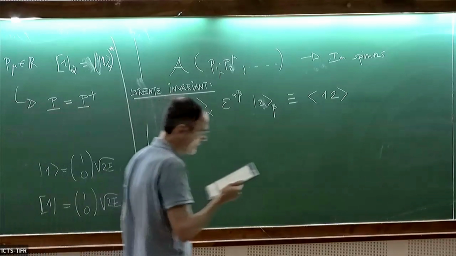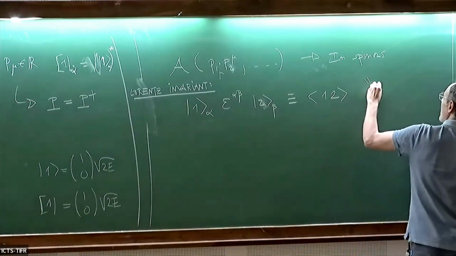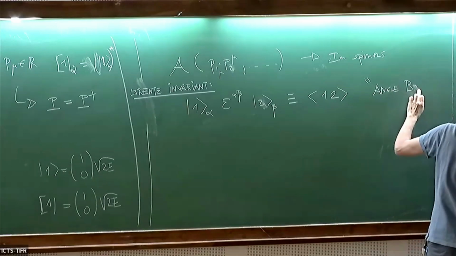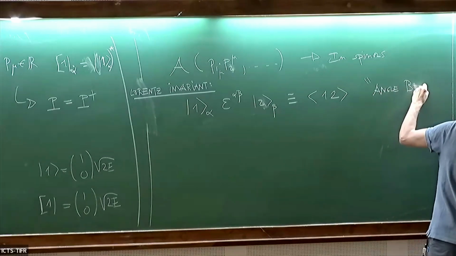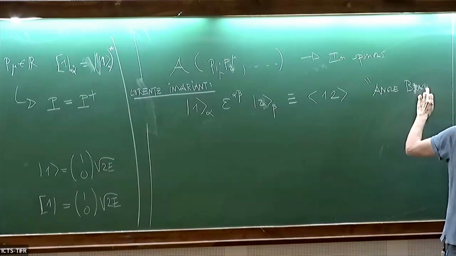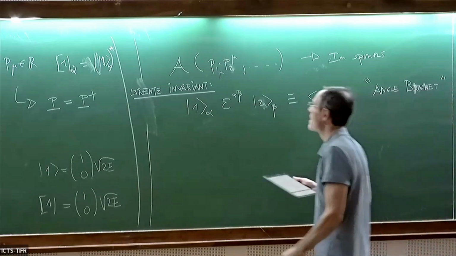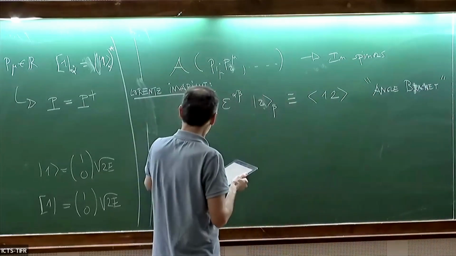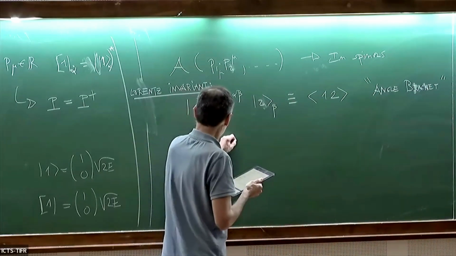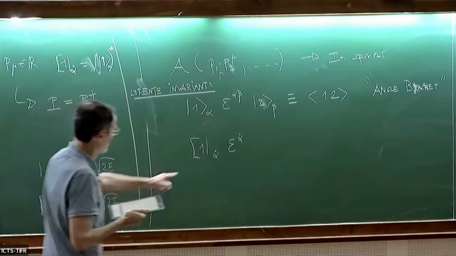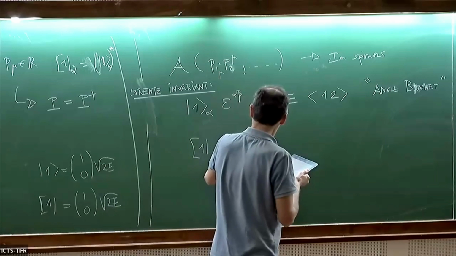That is called the angle bracket. We will call it like this. And similarly, we're going to contract the complex spinor alpha dot.